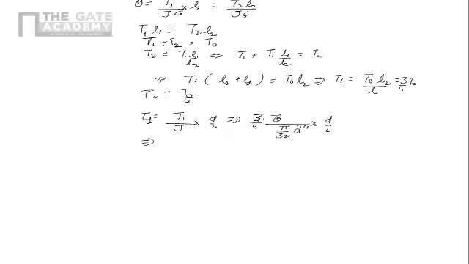So this gives me 32 into 3 T0 divided by 8 into pi d cube. So this cancels out, becomes 12 upon pi T0 by d cube. That is the answer. That is the maximum shear stress in the bar.